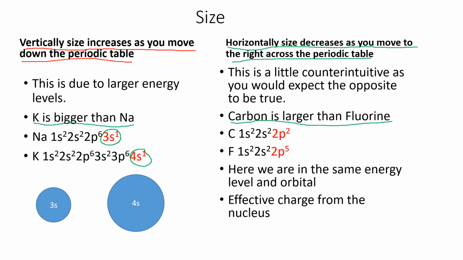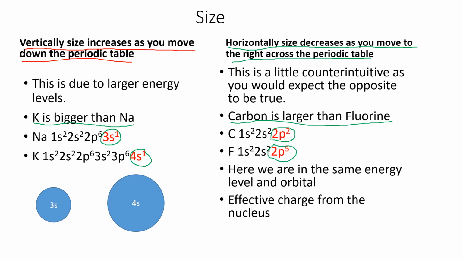So for this, just like for the vertical trend, we need an explanation for what's happening. We're going to start out with the electron configurations again. For carbon, 1s2, 2s2, 2p2. Fluorine, 1s2, 2s2, 2p5. If I circle those outermost electrons, again, here I'd be in a 2p orbital in each case.